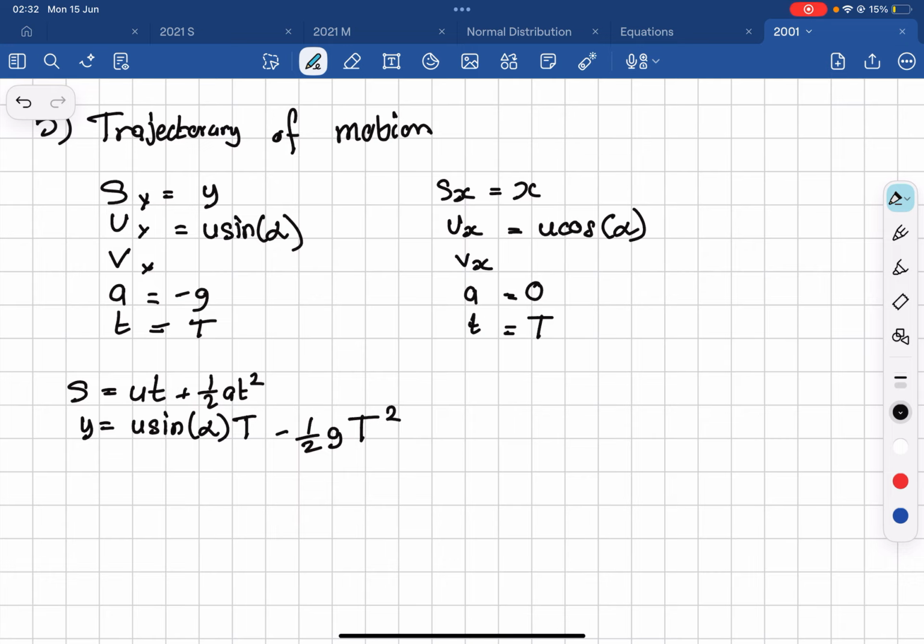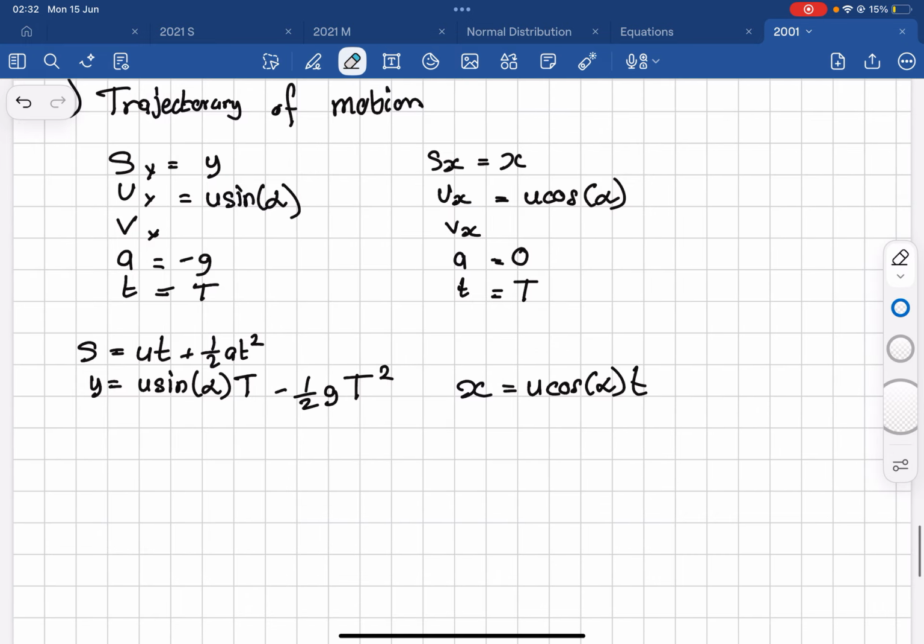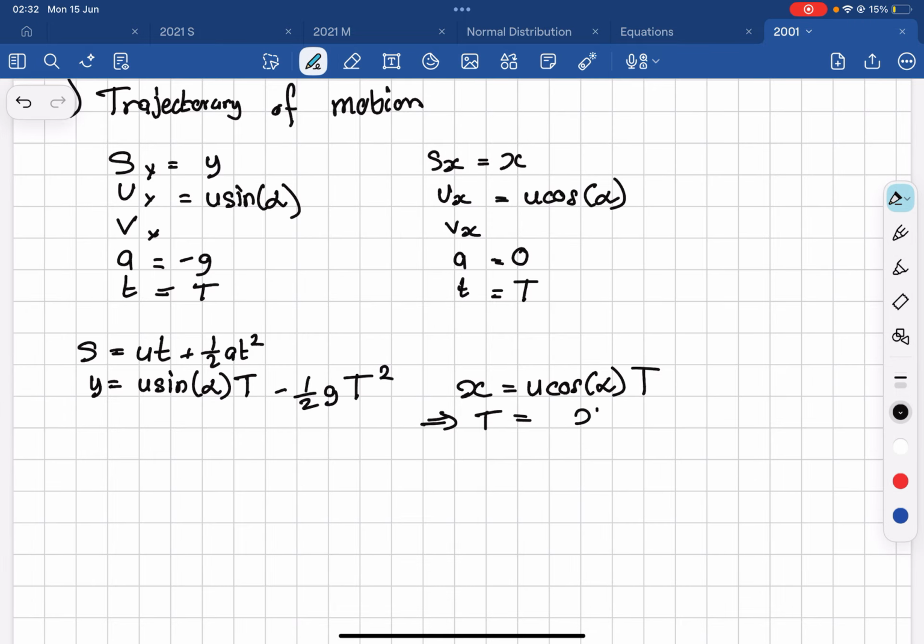Then here, using the same equation, we have x equals u cos alpha t plus a half a t squared, where a is 0, so that doesn't really help us. So s equals ut. Now how do we link this? Well, both these equations share the same time, so we can rearrange this one for t. So we have t equals x over u cos alpha.